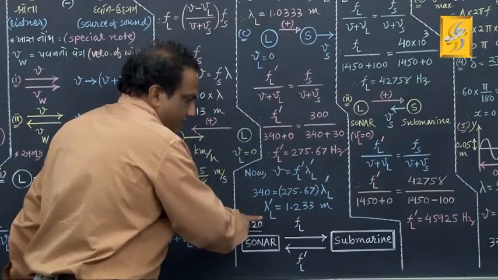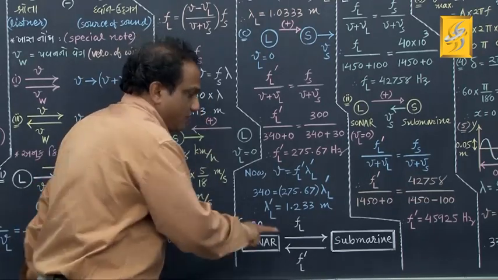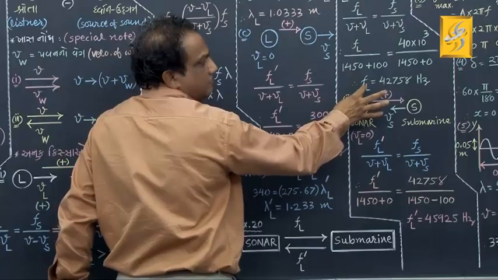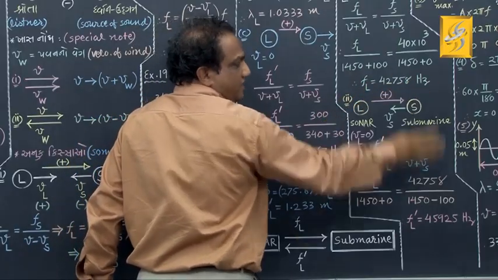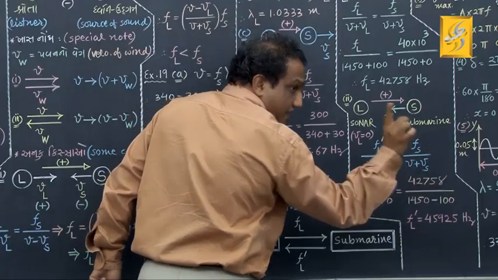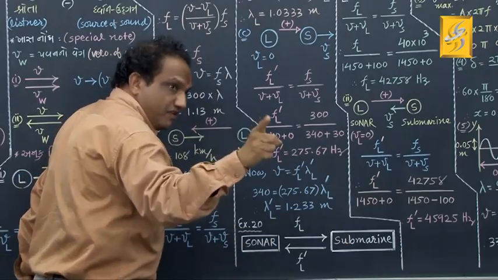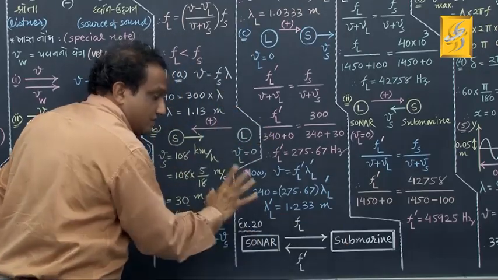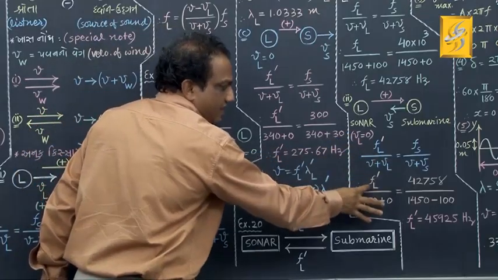Now tell me, when the sound waves were incident, what was the frequency? Earlier we found out in the previous case 42,758. So now this frequency is 42,758, and then while getting reflected, that frequency will be experienced by this listener. That is what we have to find out. So we are looking for the value of FL dash.